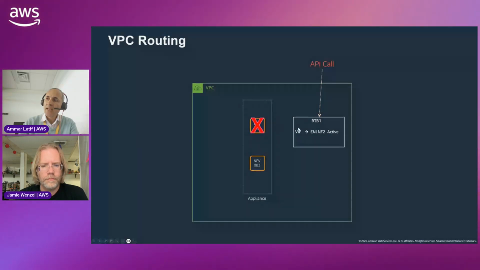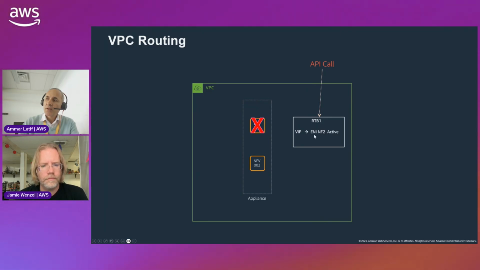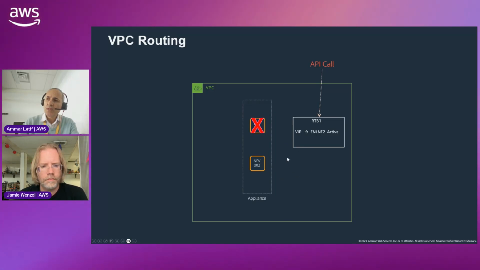So the API call will come to the VPC route table and will update the virtual IP to point to this ENI. Once this is done, and it takes a couple of seconds to update, the traffic will be sent to this NFV, and this NFV could be in a separate availability zone.